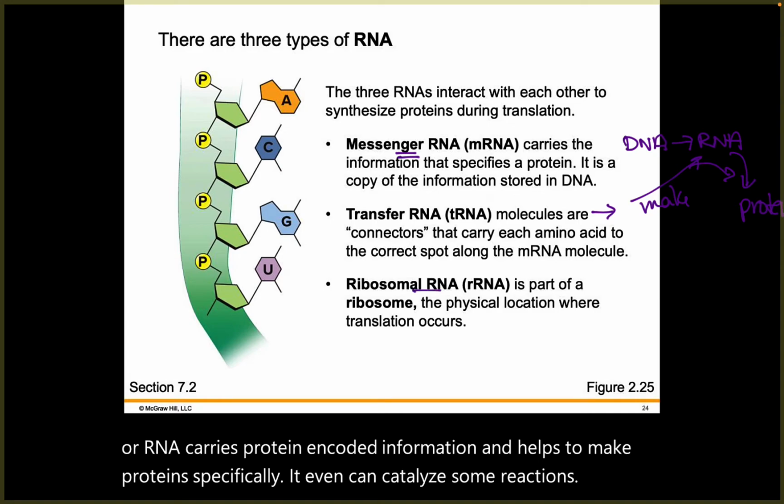And there is RNA that's part of the ribosome specifically, and this is where translation is going to occur. So there are different types of RNA molecules. The shorthand for messenger RNA is mRNA, for transfer RNA it's tRNA, and for ribosomal it's rRNA. There are other types of RNA, but that is for a more advanced class to discuss.